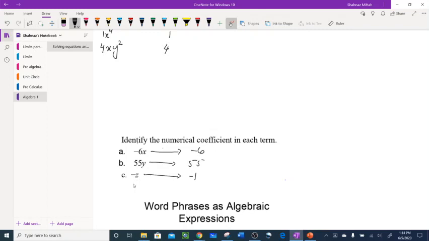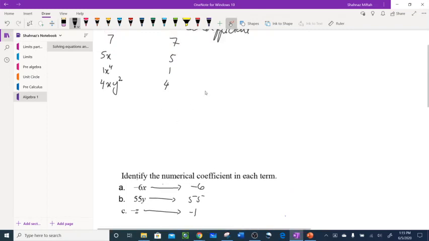Okay, now what are like terms? I want to do that too. So I'm going to write it down here, like terms. This is really important, guys. Like terms contain the same variables.